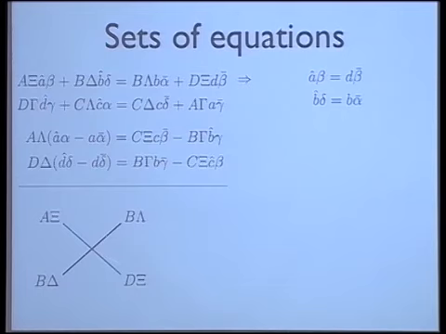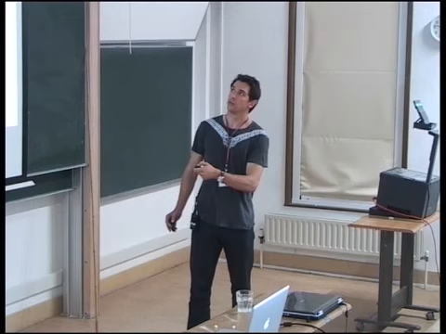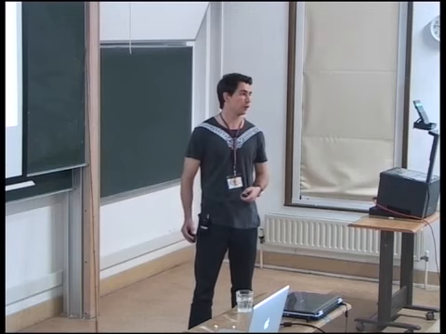I can split them up into two pairs. Let's see how it's working. A xi is proportional to d xi. So I have this term proportional to this term, and the corresponding lattice terms come out in an equation. But split up separate from that, these are not proportional to these equations. They are proportional to one another. So this term and this term are together, and I get that in my set of equations.